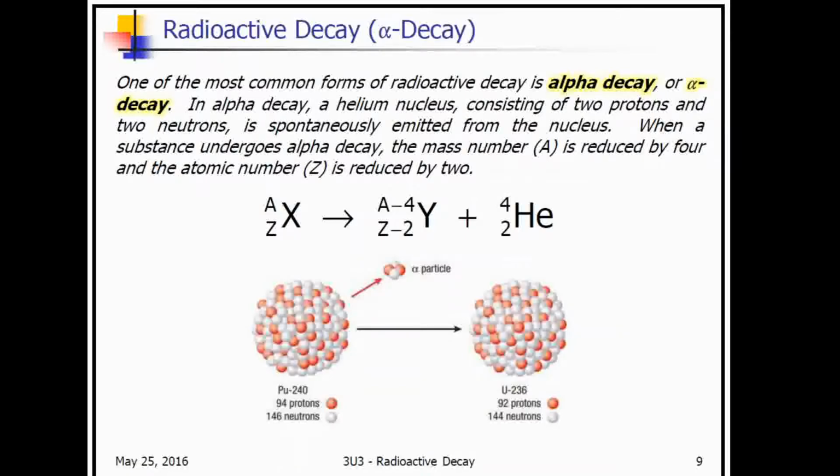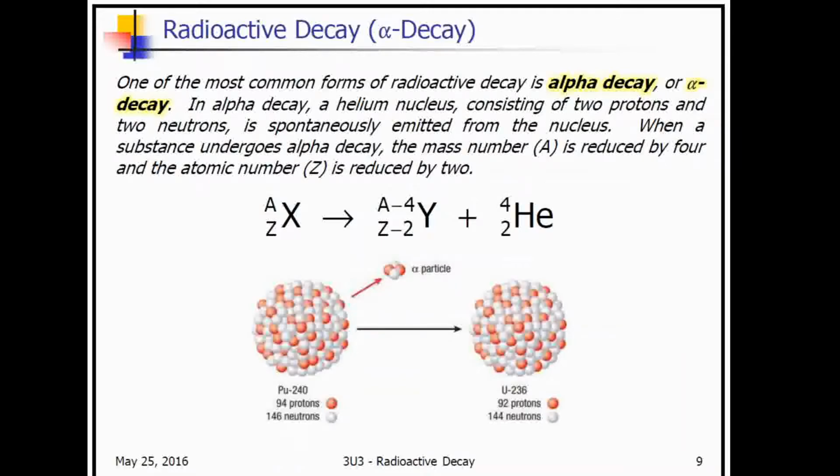X is any element, any radioactive element, that is. Y is the element that has a mass of 4 less than X and an atomic number of 2 less than X. So for the example given here, you see it says Pu-240. That is plutonium, and its mass is 240.